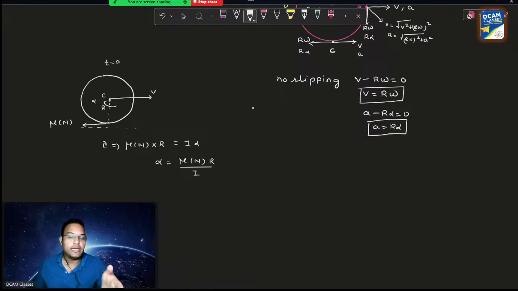It did not have any angular velocity by now, but due to this friction, it has got an angular acceleration, and ultimately after time t, what will happen? Let's say initially it had velocity u.